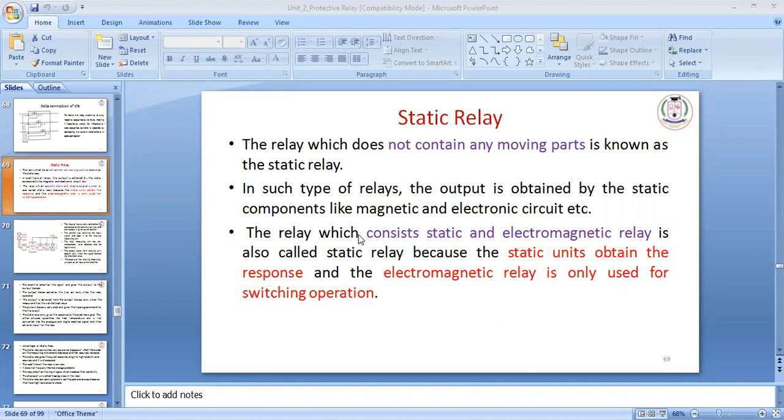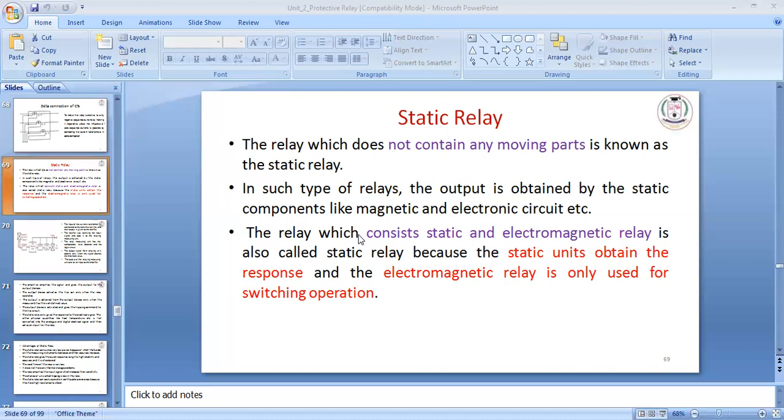Two coils will be energized, which will pull the contact closed, so that the circuit breaker gets connected to the protection circuit and opens the circuit, so that the fault will not reach the load.